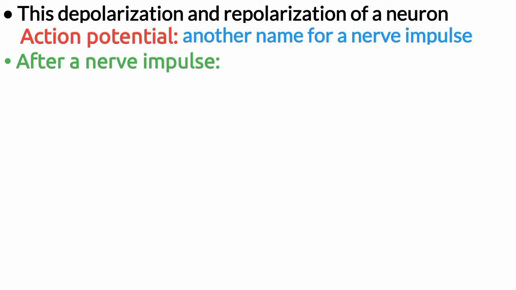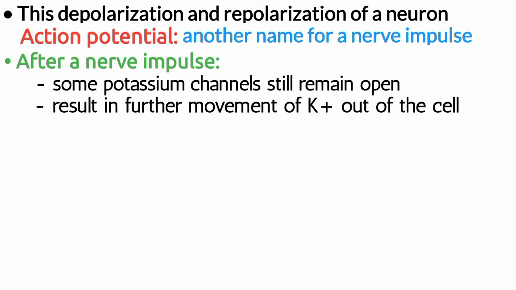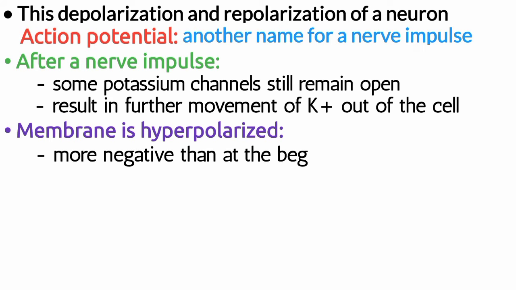After a nerve impulse, some voltage-gated potassium channels remain open, resulting in further movement of potassium out of the cell. As the voltage falls below the reading of the resting state, the membrane is said to be hyperpolarized because it is even more negative than at the beginning.